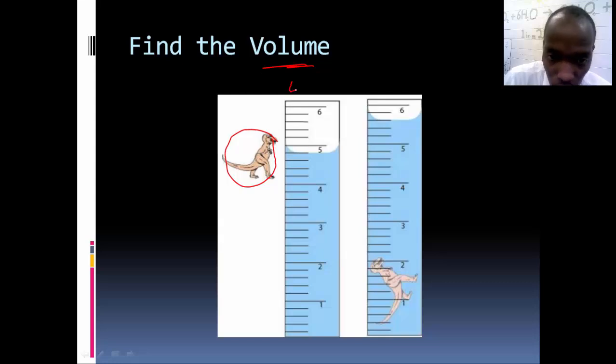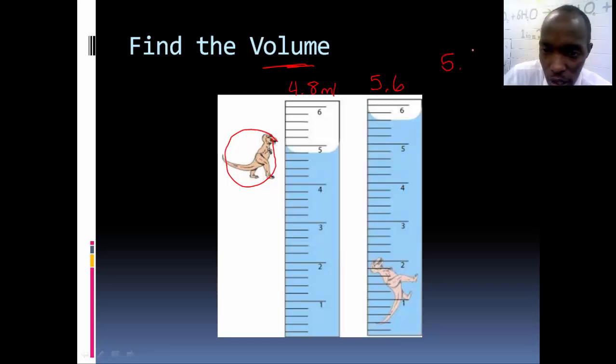So the water started out at 4.8 milliliters, and it rose to 5, 5.2, 5.4, 5.6. Alright? So you see how much it rose.